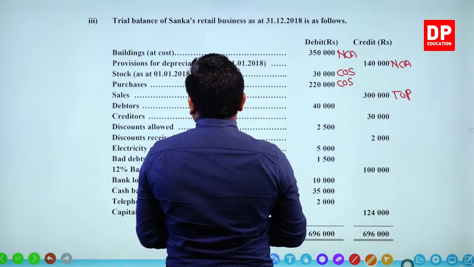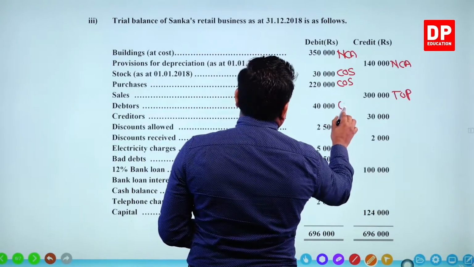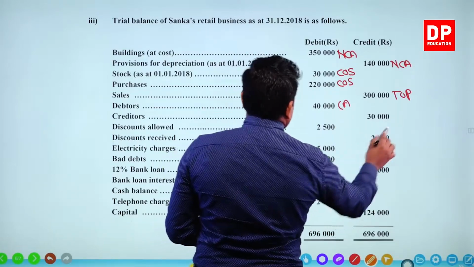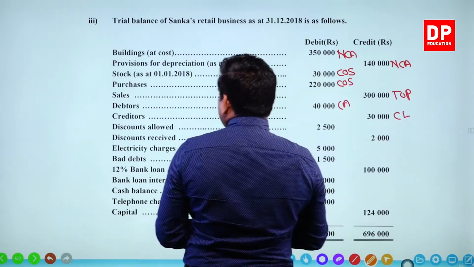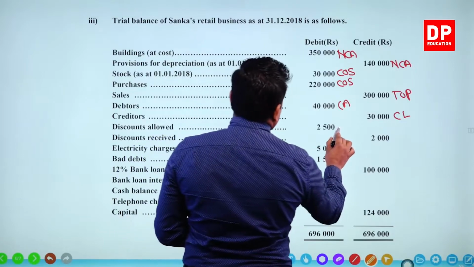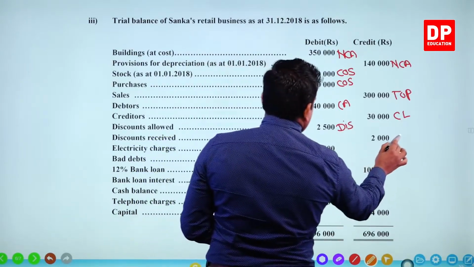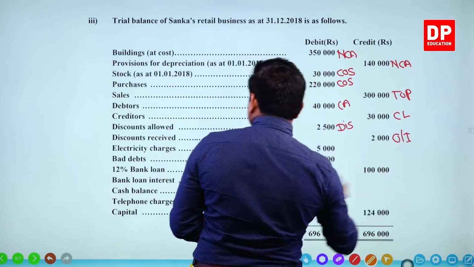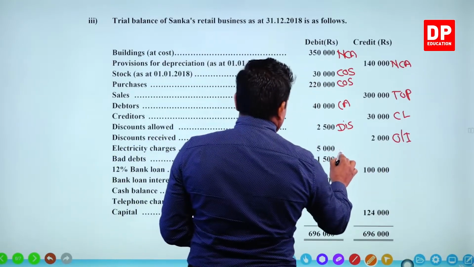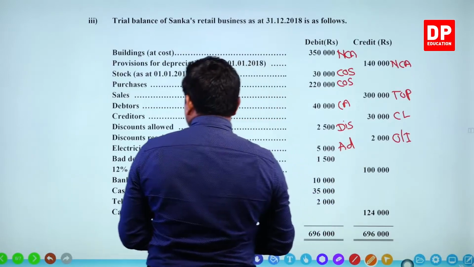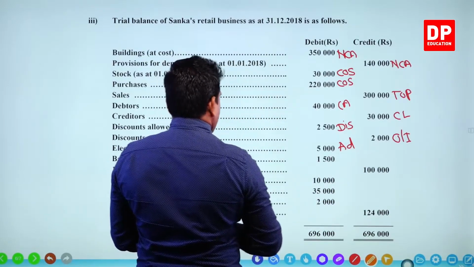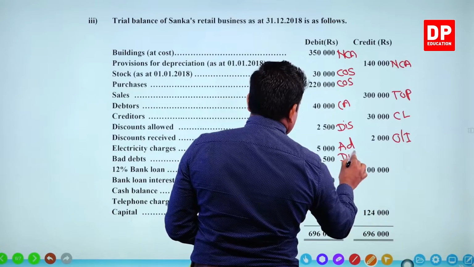Then debtors were current assets. Creditors, current liability. Quickly you can classify now. Discount allowed, distributing expense. Discount received, other income, OI. Electricity, administration, right? Bad debts, distributing, DIS.